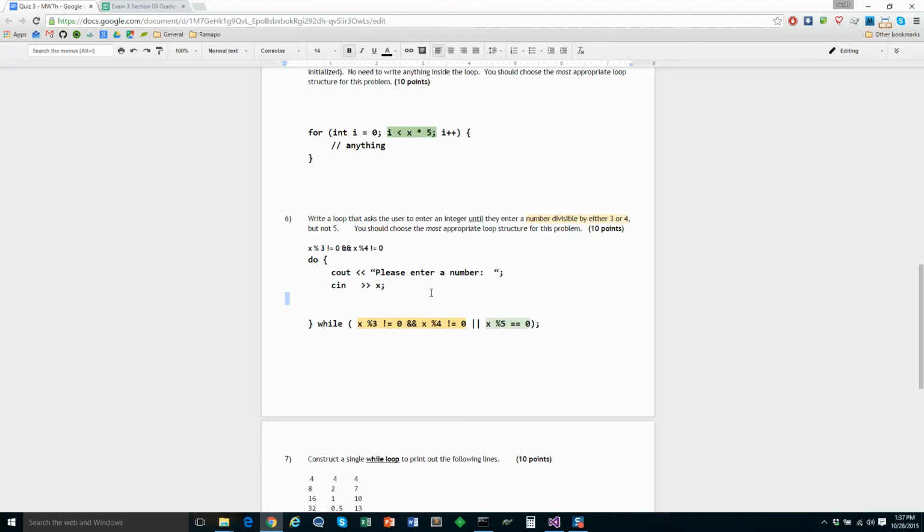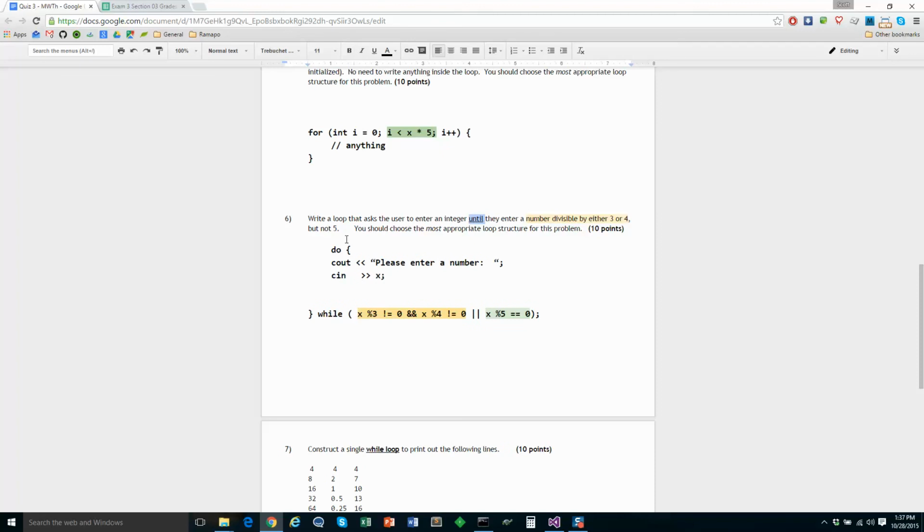But the logic is flipped because we see the word until over here. This indicates that this is the criteria we're looking for. So we're trying to keep going around while that criteria is not met. This one's tricky. We're also saying, but not 5, meaning it also should not be divisible by 5.